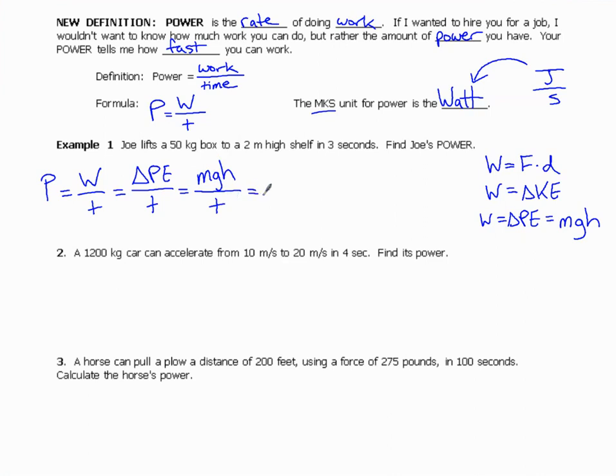So putting in some numbers, we know the mass was 50. We know the acceleration of gravity is approximately 10 meters per second squared. And the shelf has a height of 2 meters. Really, h, we could also say that is delta h, or the change in height.